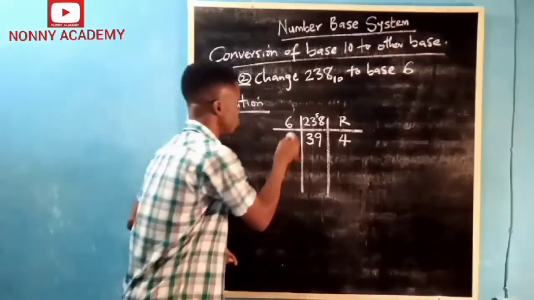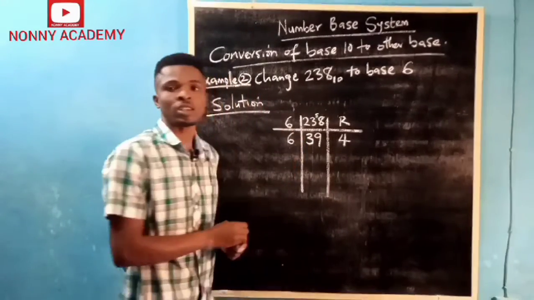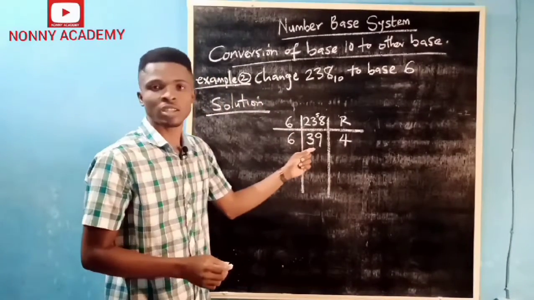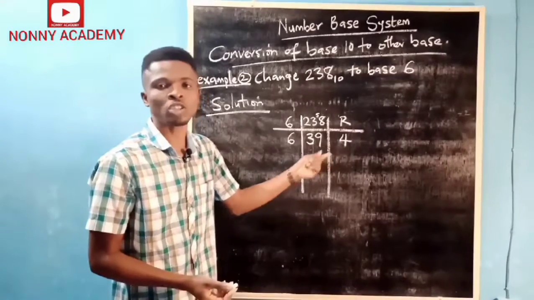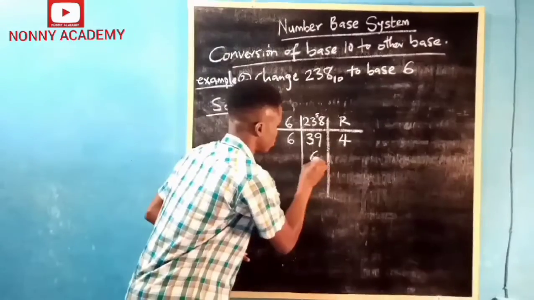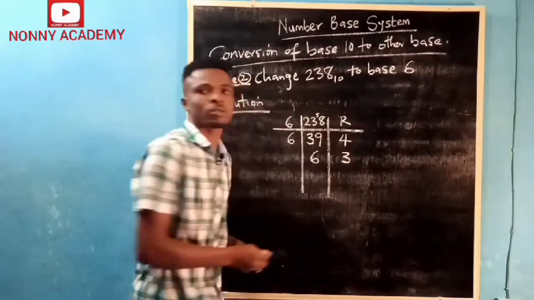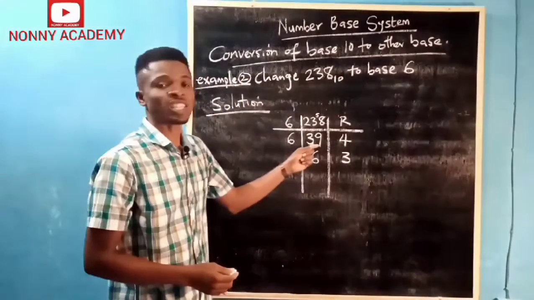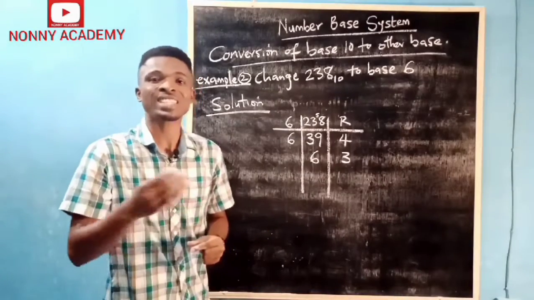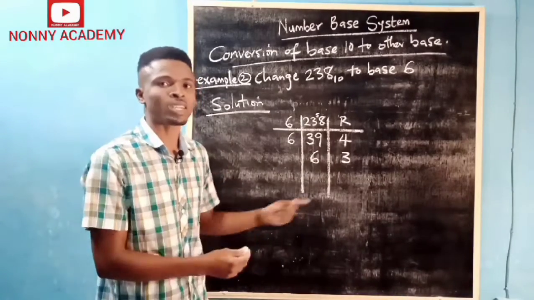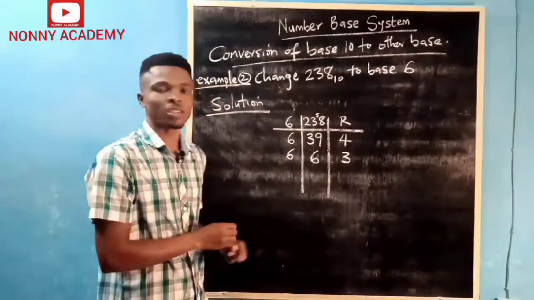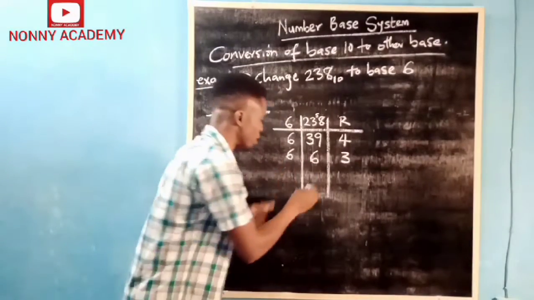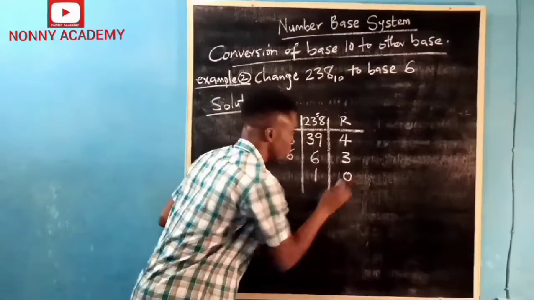And I will continue. Divide by 6 again. 6 in 3 is not possible, so I'll take 6 in 39, which gives me 6, which makes it 36, remainder 3 to make it 39. Then I'll proceed. Divide by 6 again. 6 in 6 will give me 1, remainder 0.